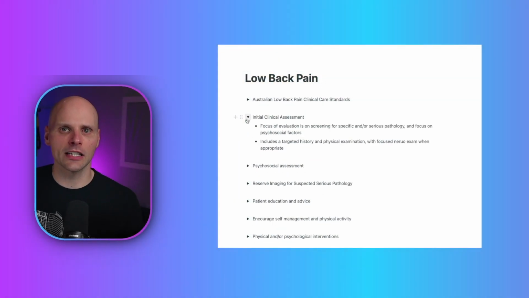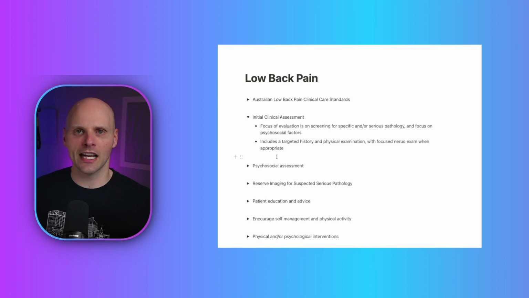So specifically, they mentioned the initial clinical assessment, right? What we should be focusing on here is screening for specific and or serious pathology, and then focusing on psychosocial factors. This includes a targeted history and physical exam with a focused neuro exam when appropriate. And this goes hand in hand with what I say all the time: we got to rule out the big, bad, scary stuff, right? That's the biggest thing with back pain, we need to make sure there's not any big, bad, scary stuff.